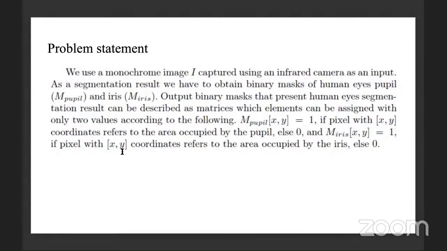The idea of our task is to work with an infrared image of a person's eye and try to divide the image of the pupil and the iris from the other parts of the image.